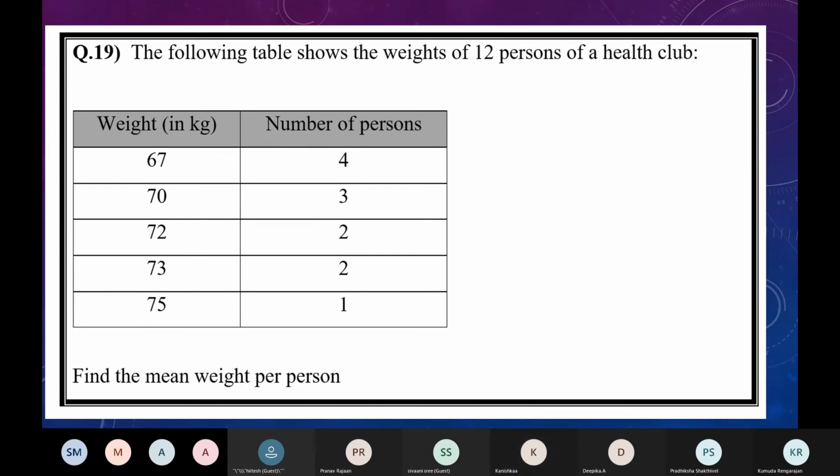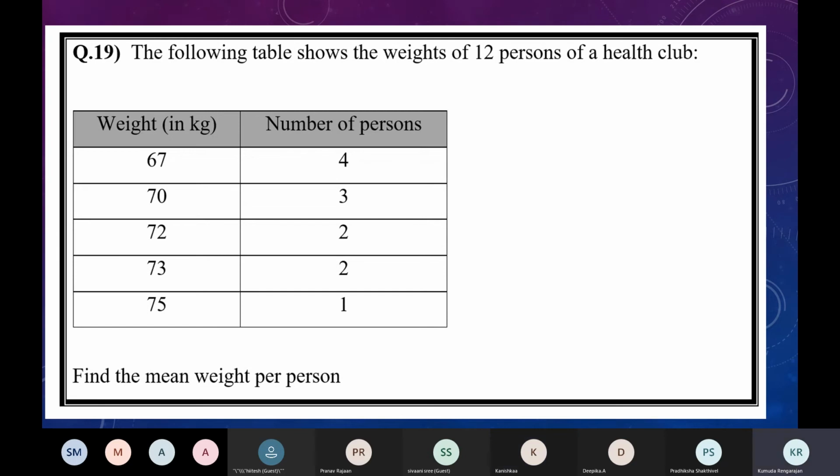Group data, ma'am. Sorry? Group data. No. What do you call a table like this? Statistics.